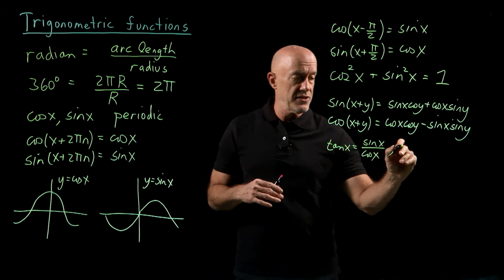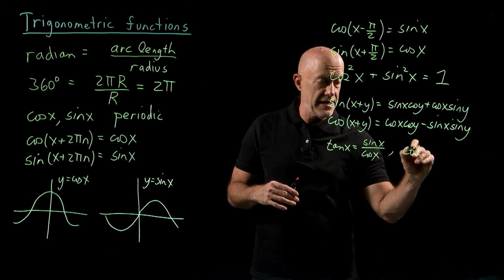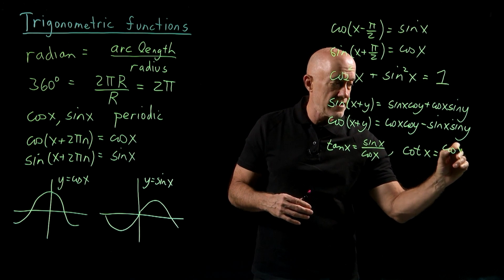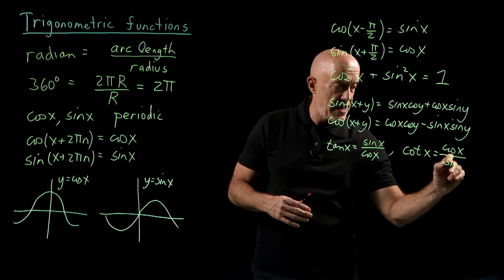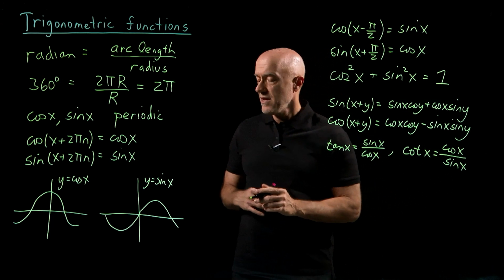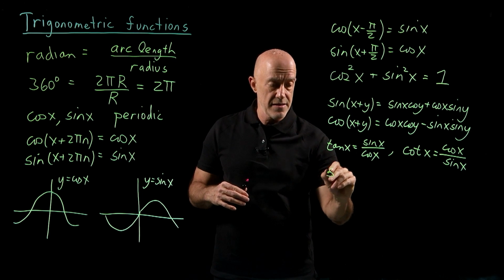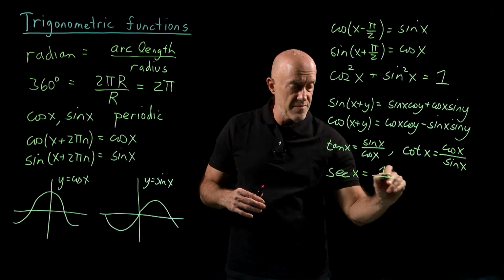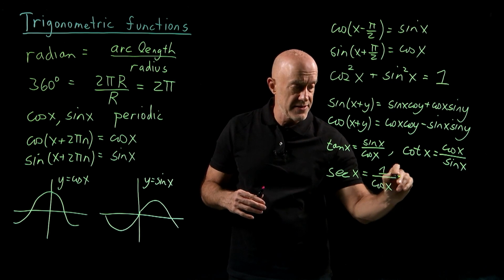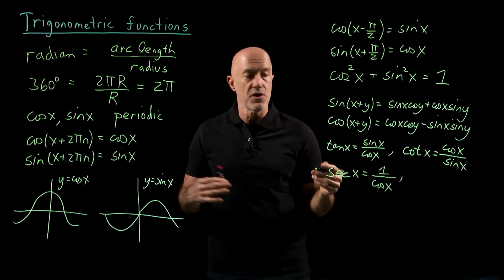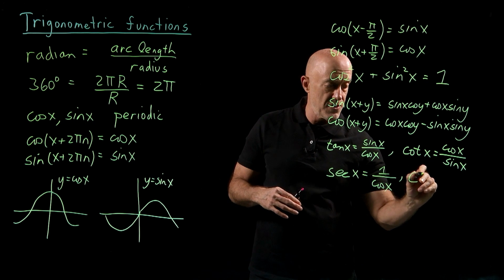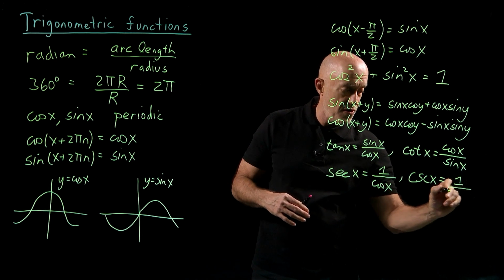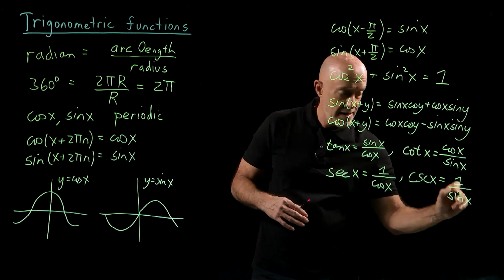They're the cotangent, which we write as cot of x, which is the reciprocal: cosine x divided by sine x. The other ones are the secant. So the secant of x is 1 divided by the cosine of x, and the other one is called the cosecant and has the symbol csc of x, and that would be just 1 over sine x.